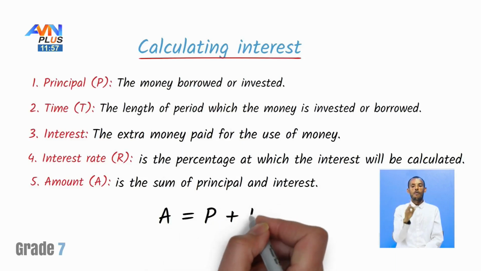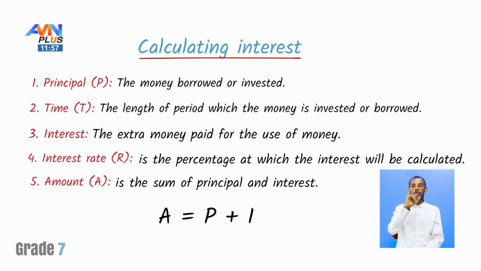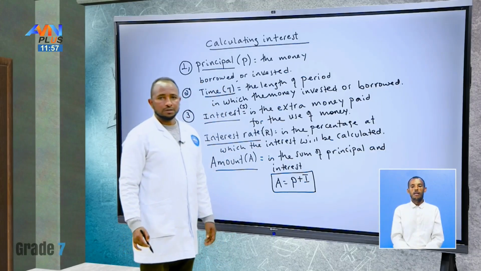Or simply we can write it in this form: amount is given by A = P + I. The principal plus the interest gives you the amount. You see it?